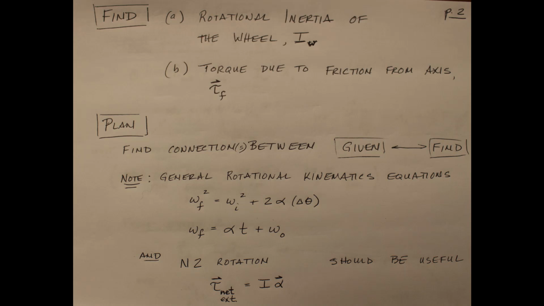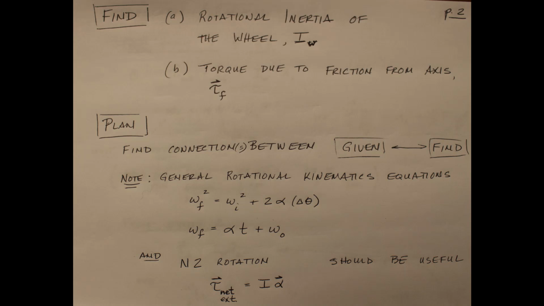I said the time invariant version, which is energy related: the final angular speed squared is the initial angular speed squared plus twice the angular acceleration times the change in the angle position.